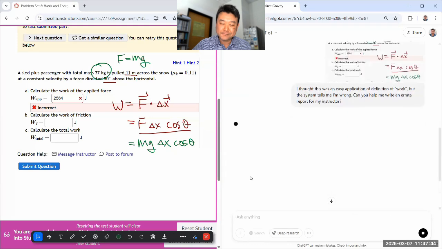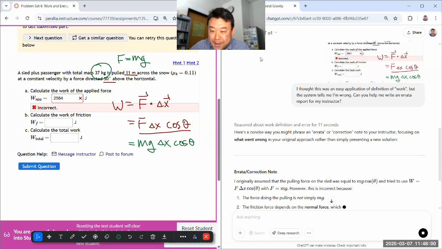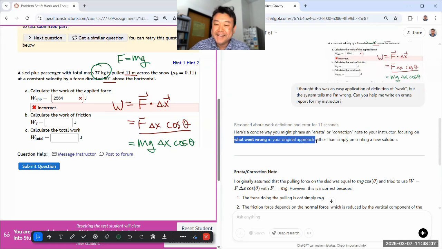I'm just trying to see if ChatGPT will agree with me. In the past, it hasn't. When I wrongly implied there's an error in the question, it has correctly told me that there isn't an error in the question. Oh, wait, maybe they're focusing on what went wrong in your original approach. Yeah, there's no error in the question.